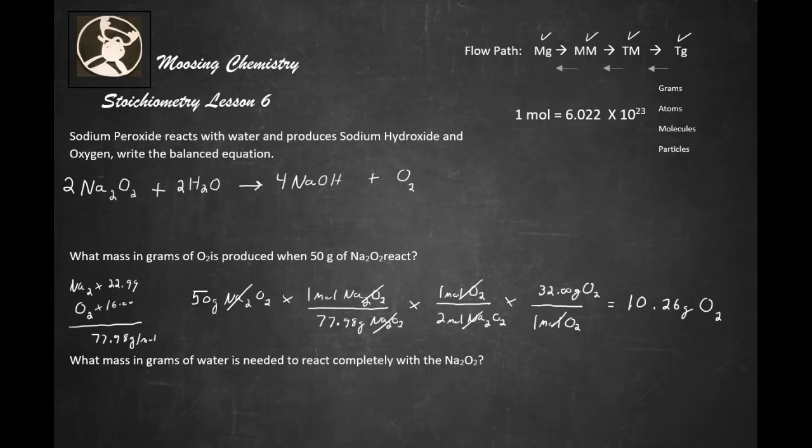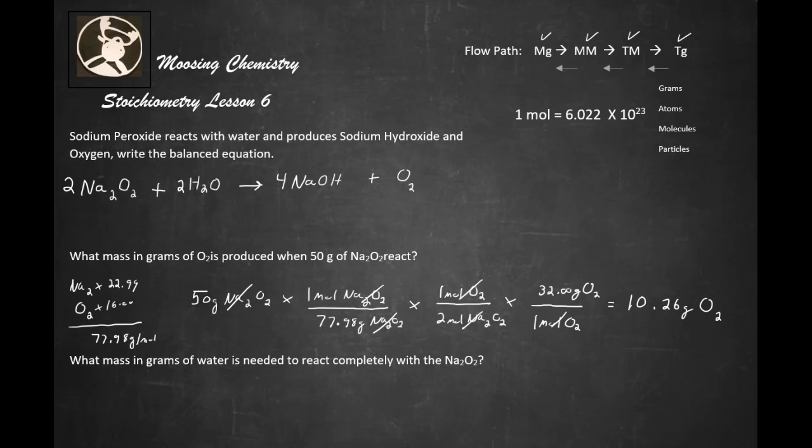What mass in grams of water is needed to react completely with the Na2O2? So what we need to figure out is a couple things. What mass in grams of water is needed to completely react with Na2O2?